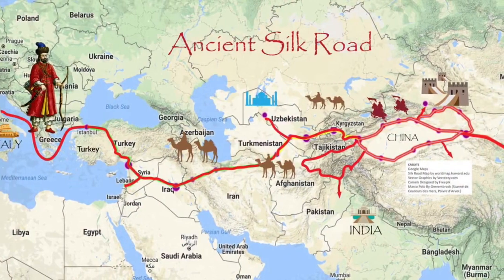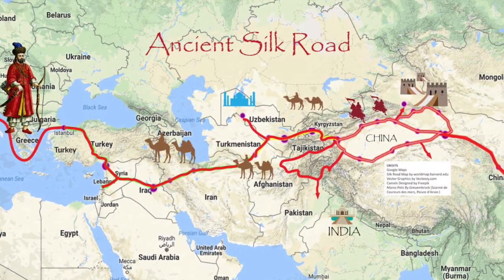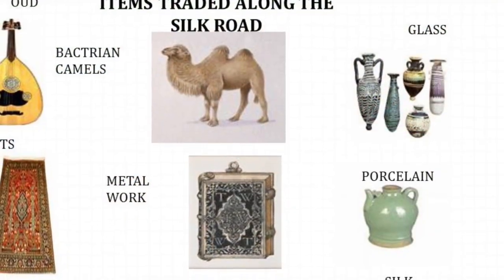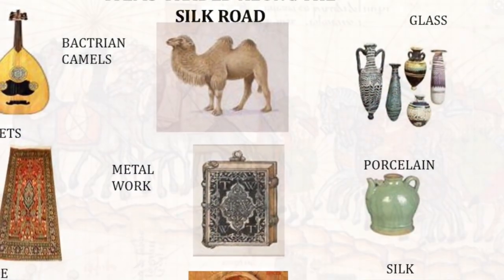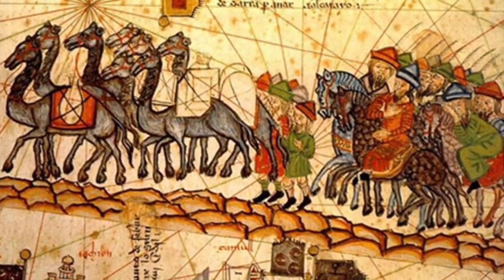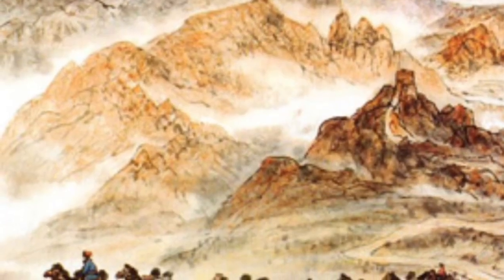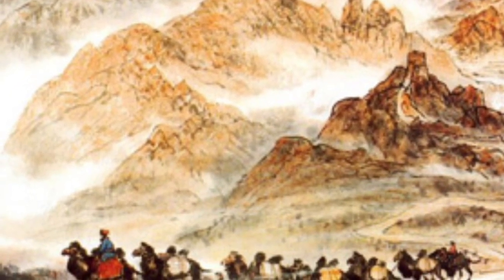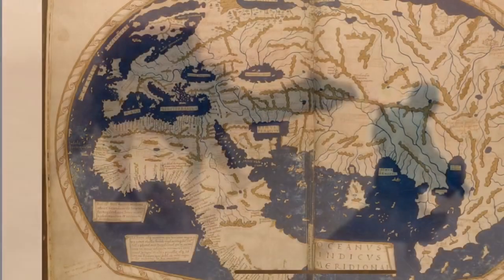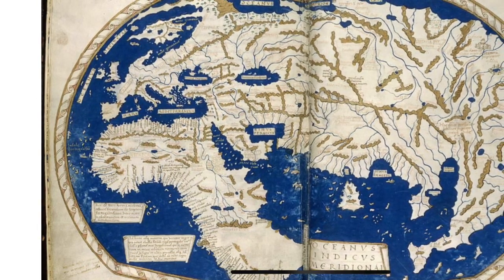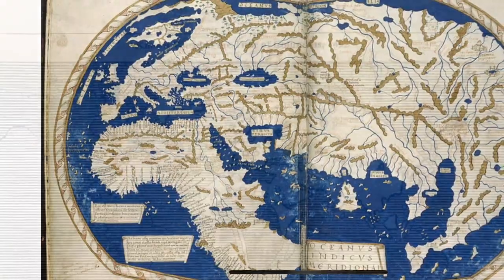The Silk Road was, of course, an extremely lucrative trading route for a period of almost 2,000 years. Lots of items were traded across the Silk Road, east and west, but it was really dangerous and really difficult. Merchants had to travel across mountains and through deserts, and a lot of people died trying to trade on it. In the 1400s, the world, as Europeans knew it, was pretty small.